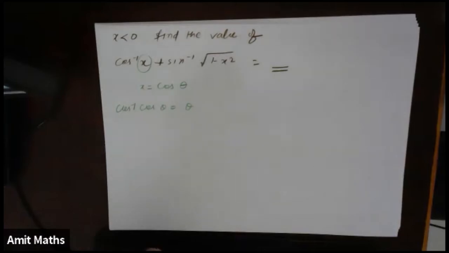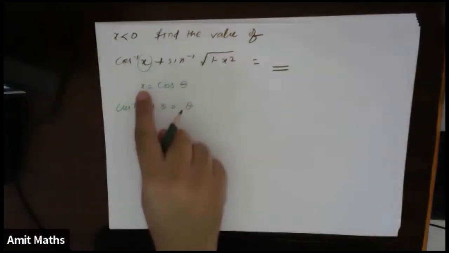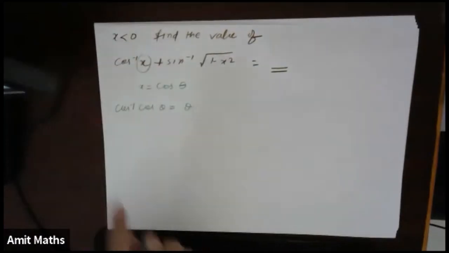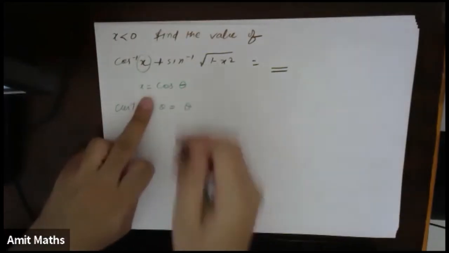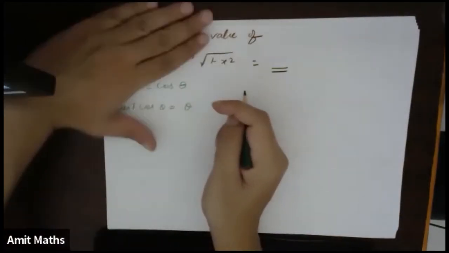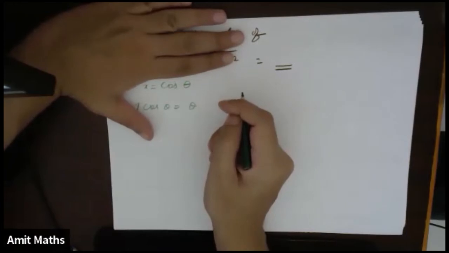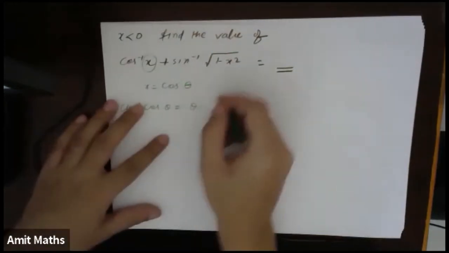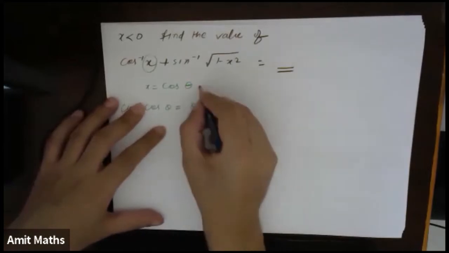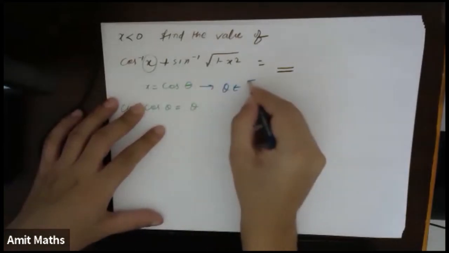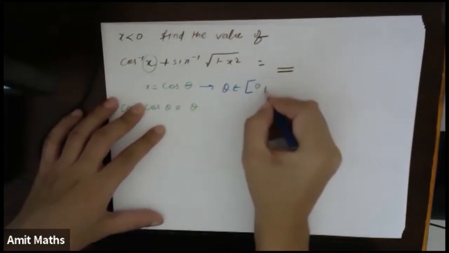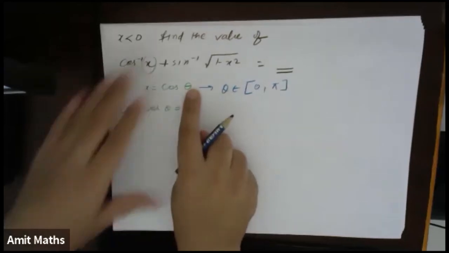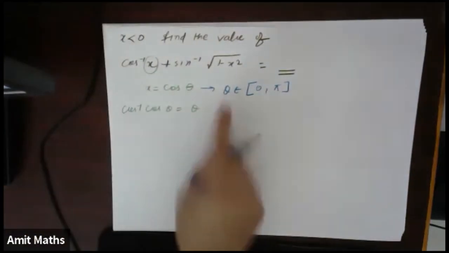But the thing is if x is less than 0, then the principal value, basically if nothing was given, only x is equals to cos theta was given, then I know that theta belongs to 0 to pi.